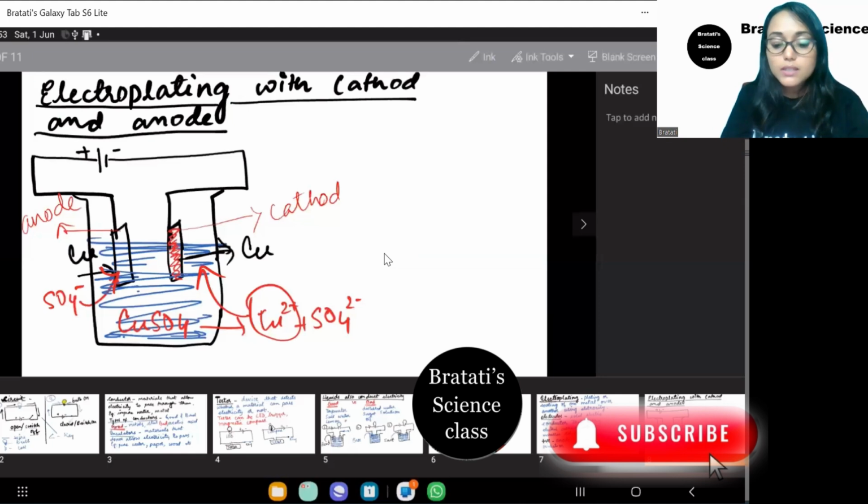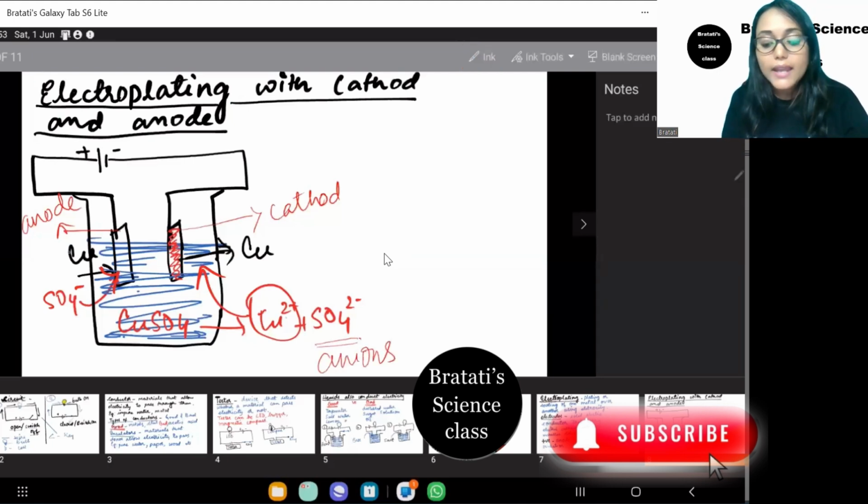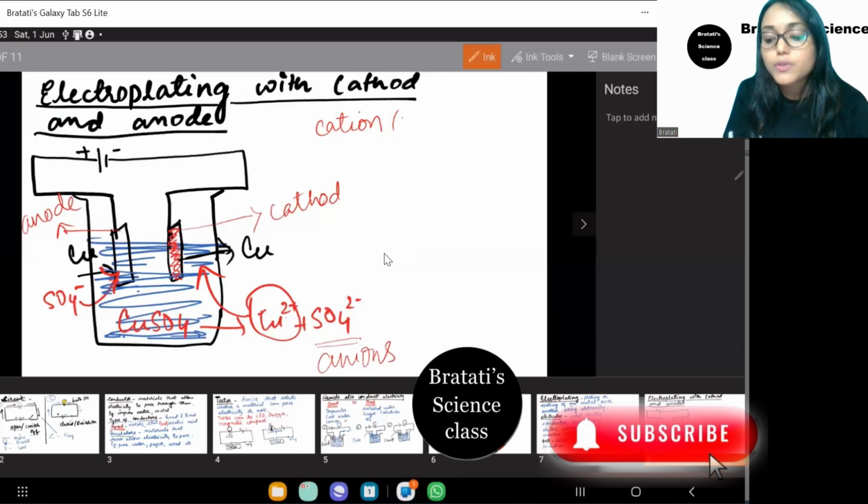The anions, which are the negative ones, will move to the anode. So remember, cation to cathode and anion to anode.